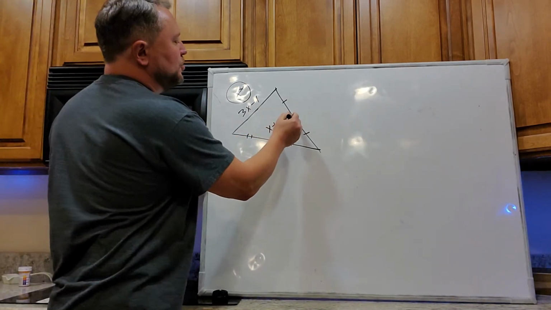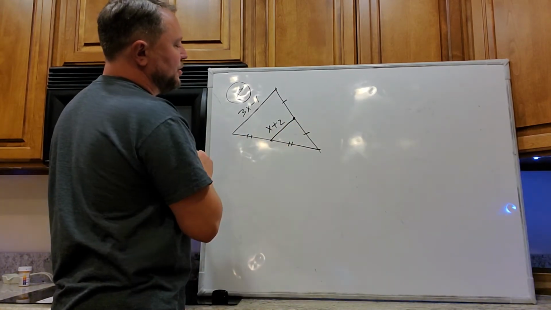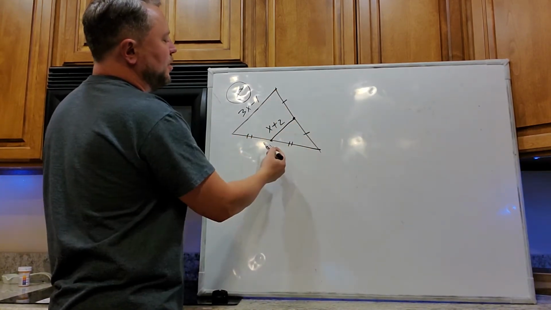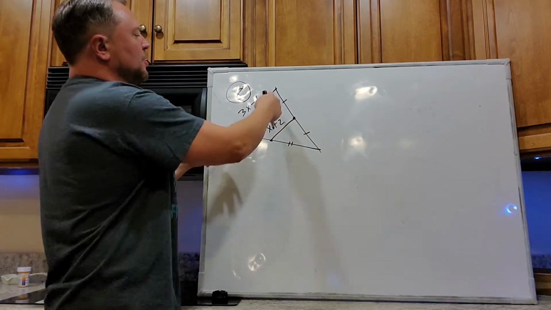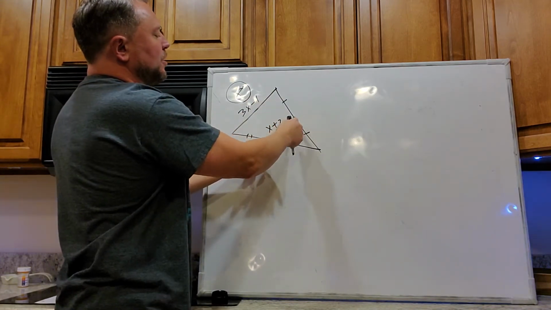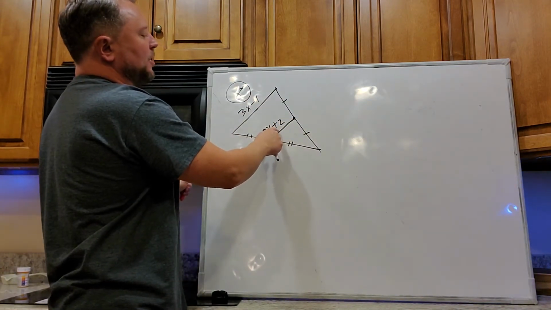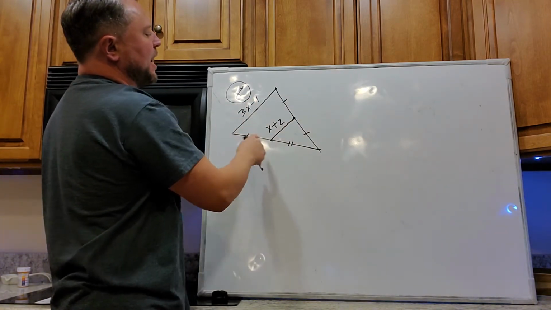Now, anytime you join the midpoint of one side to the midpoint of another like this, not only are those parallel, but we had a theorem in this chapter that mentioned that the length of this one compared to the length of this one, well, this one will only be half the length. You can see it's smaller, but it'll be exactly half.